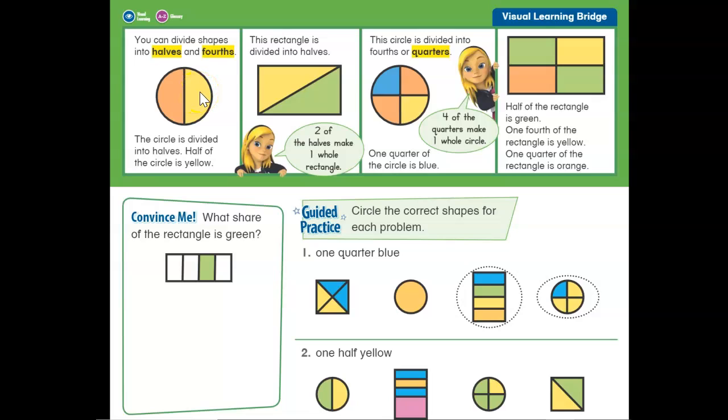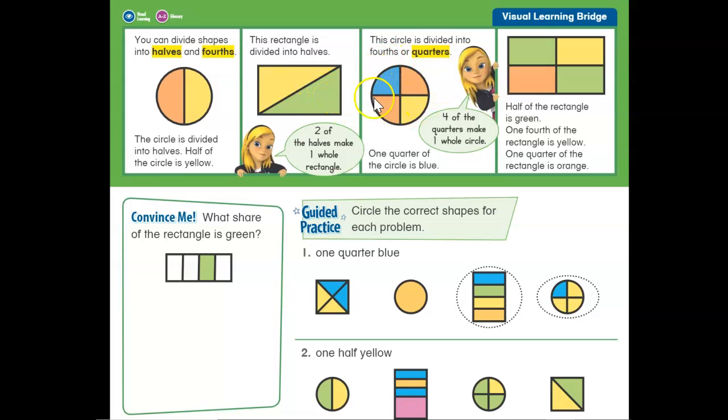Half of the circle is yellow, and the other half is this kind of peachy color. Again, this is divided up into 2 pieces that are equal. So we say it's divided into halves. So 2 of these pieces makes 1 whole rectangle. Half of this is yellow, half of this is green.